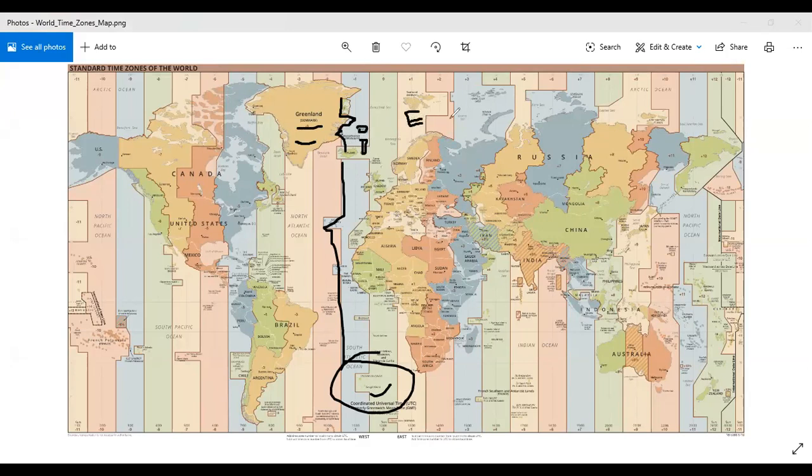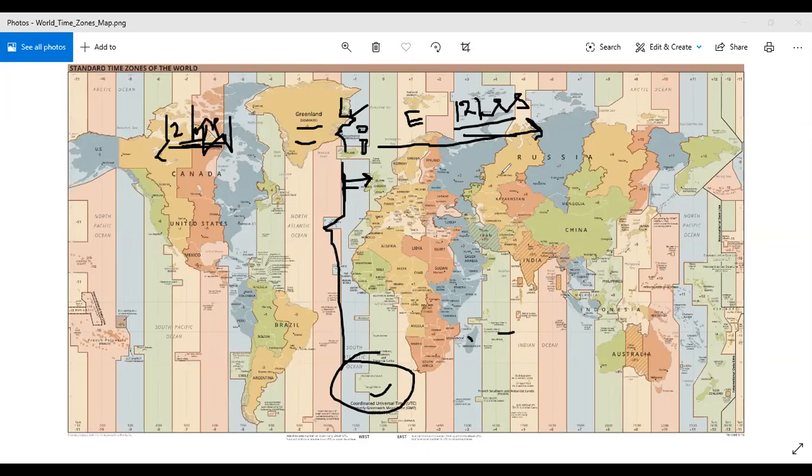The Earth rotates from west to east. If you move from here, the Earth will take 12 hours to pass all the longitudes that you can see over here, and over here also it will take 12 hours. It will take 12 hours in both cases.